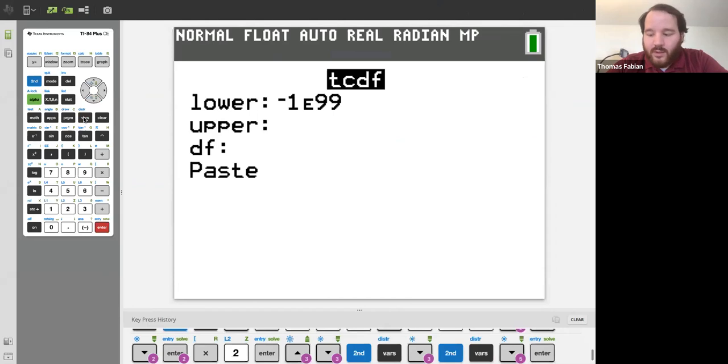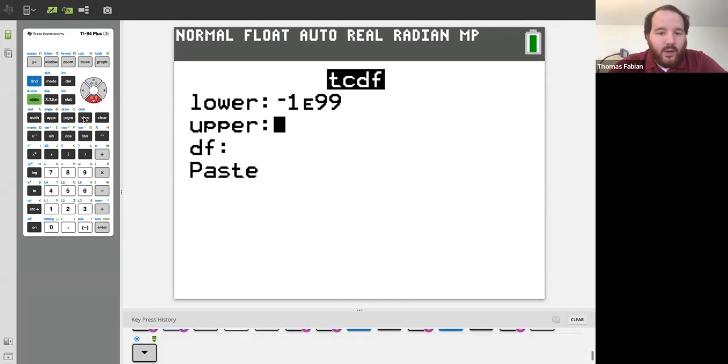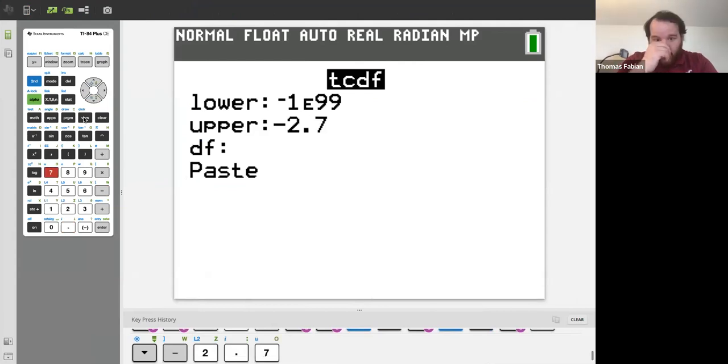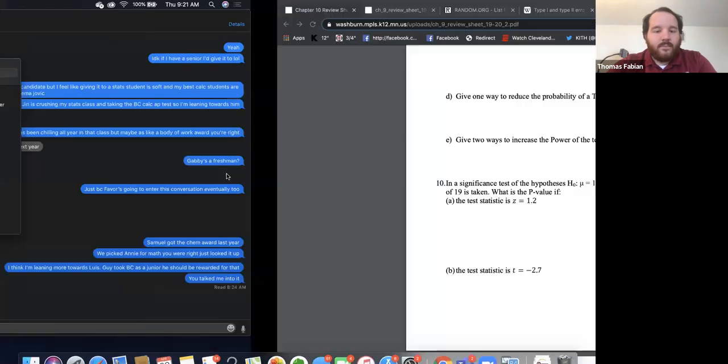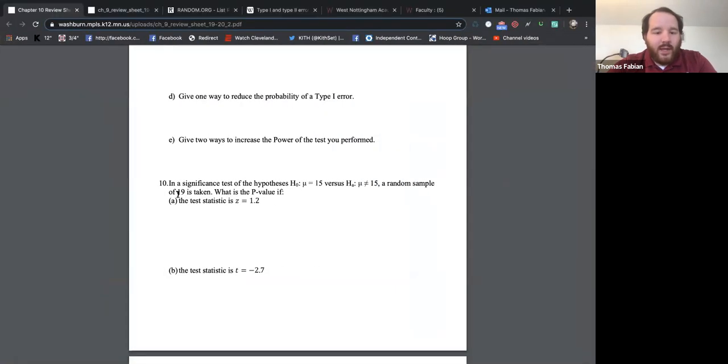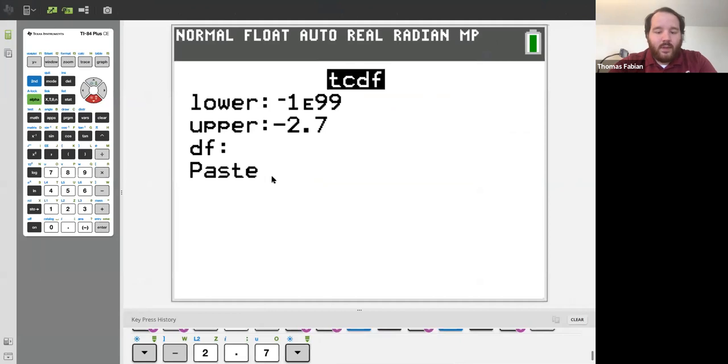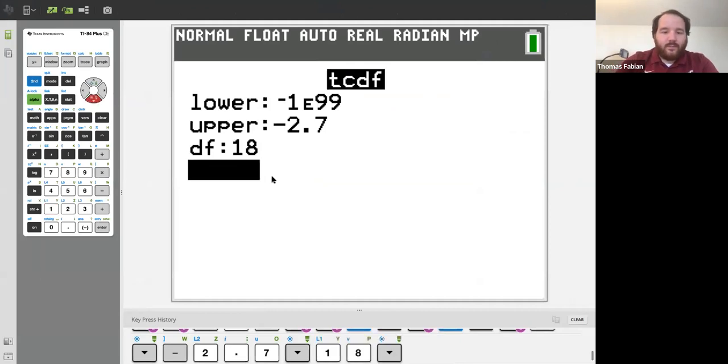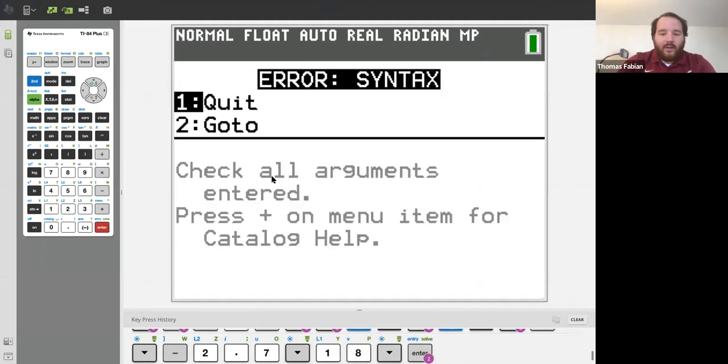My lower is good. What do we say here, negative 0.27 or negative 2.7? Negative 2.7. And then remember, degrees of freedom is n minus 1. So I got 19, 18. Yep, 18.